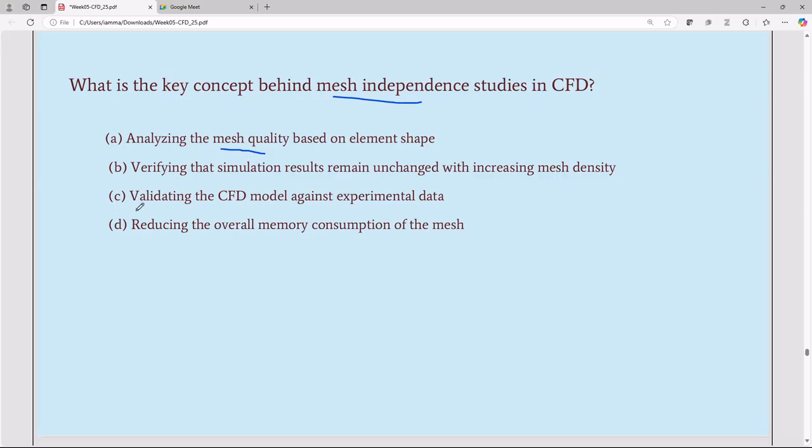Option C, validating the CFD model against experimental data. Option D, reducing the overall memory consumption of the mesh. So the question is on the key concept behind mesh independent studies in CFD. You can inbox your answers.